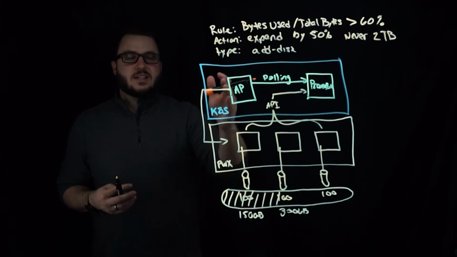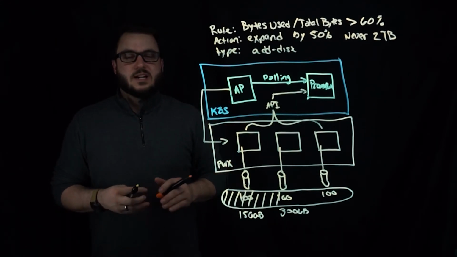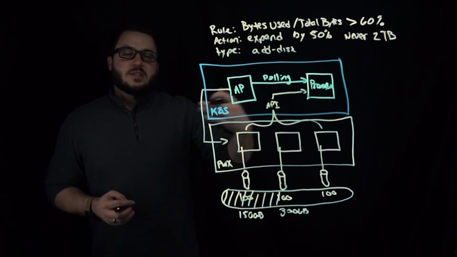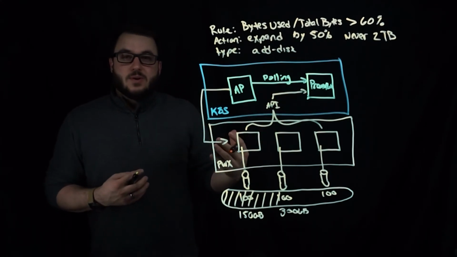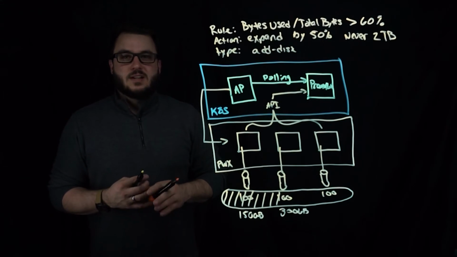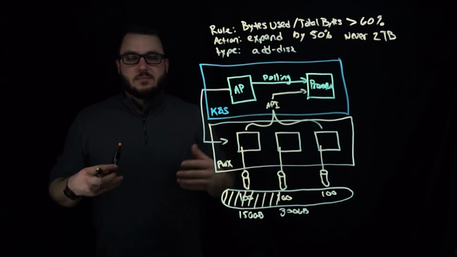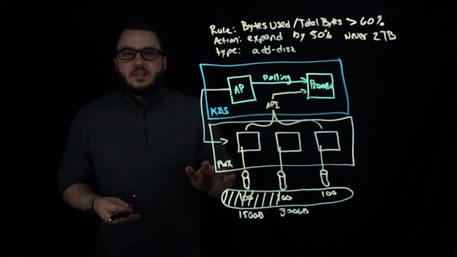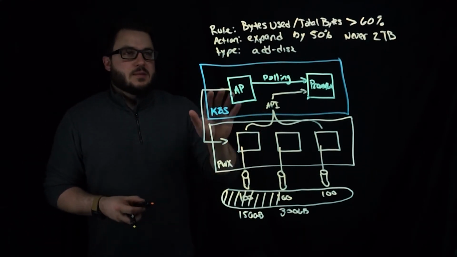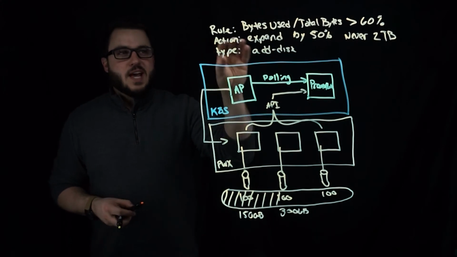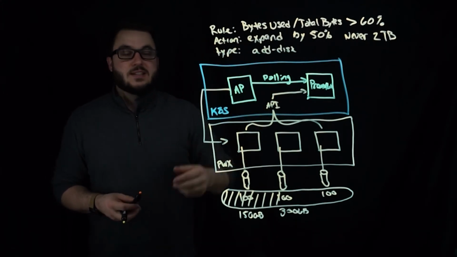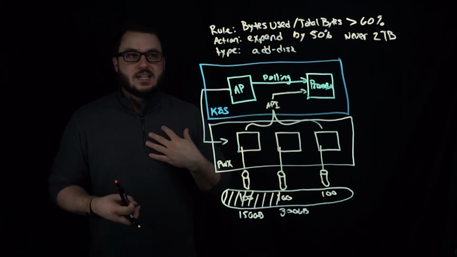There's also ways to tell this rule with Autopilot to hold off, so if you do have a rogue application, it won't set off the action within a certain time period. So there's a number of different configurations there, but the biggest ones are the rule, the action, by how much, and the type, and we're going to be talking about adding a disk.